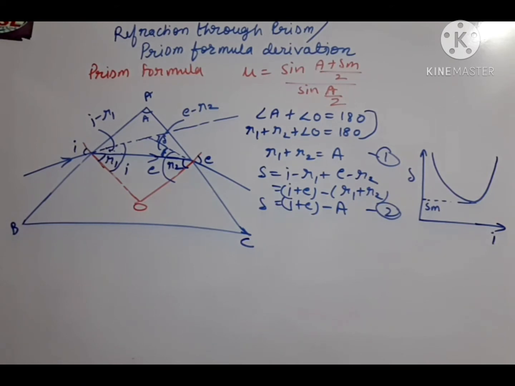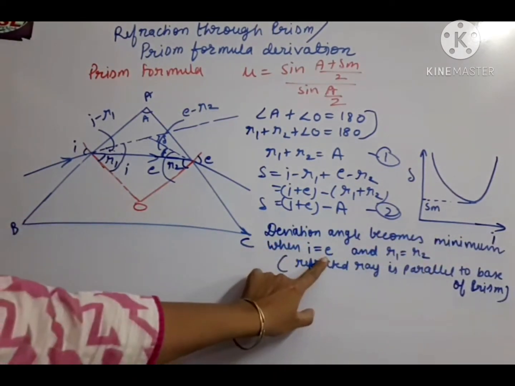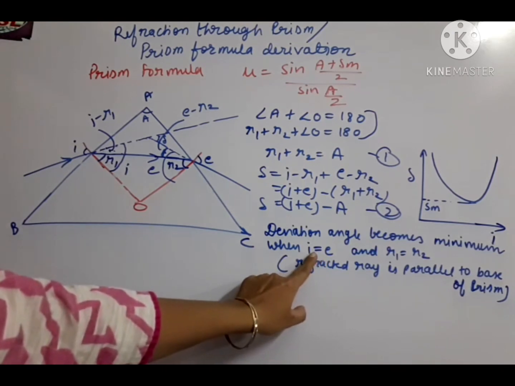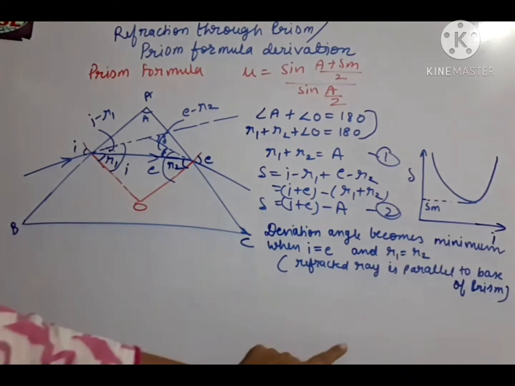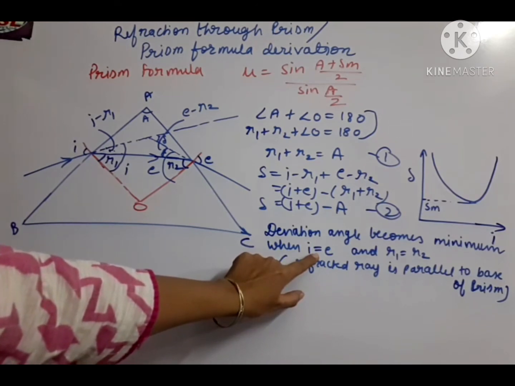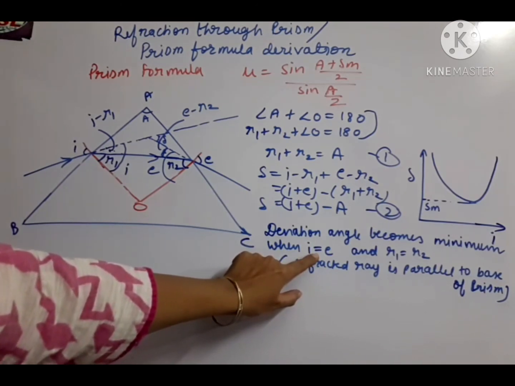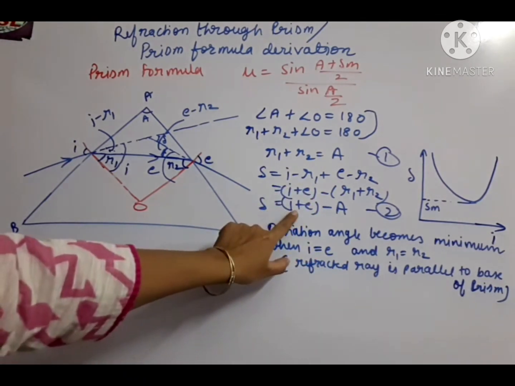Now here is one very important condition we have to remember about deviation angle. The deviation angle becomes minimum under two conditions: when the incident angle I equals the emergent angle E, and R1 and R2 are also equal. We don't have to solve in detail how these conditions are achieved. This is obtained from maxima and minima in maths. Delta depends on I, as you have seen in the second relation.